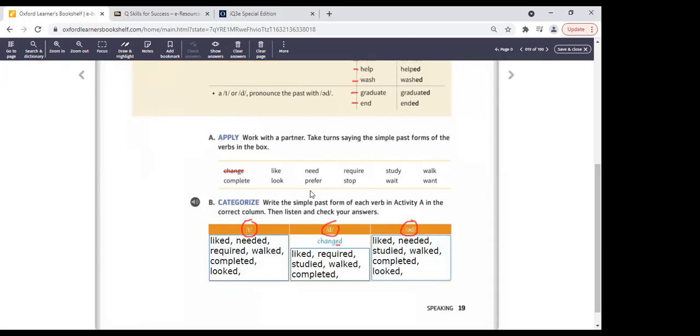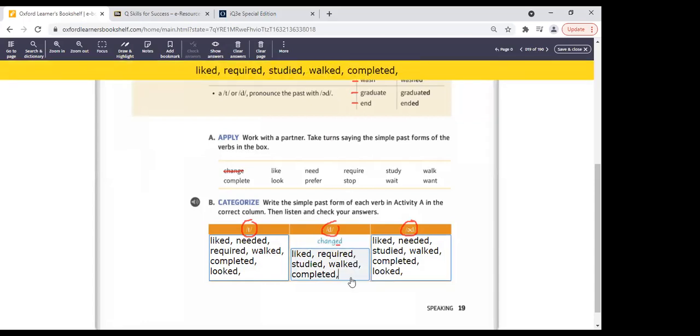Okay, what about prefer? Muhammad Manahi, what have you got for prefer? Muhammad, can you answer? Are you there? Sorry. Yeah. What have you got for prefer? I think it's with the D. With the D sound. Preferred with a D, yeah?